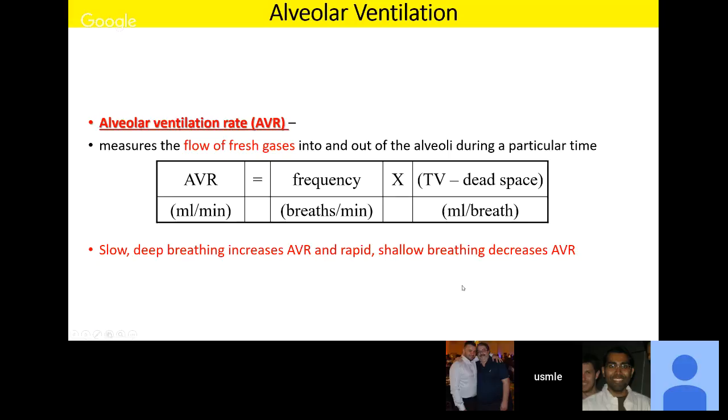So the slower you breathe, the more you increase the ventilation rate. And the more rapidly you breathe, like for example in tachypnea, the less air you're going to have, because the alveolar ventilation rate is going to decrease.